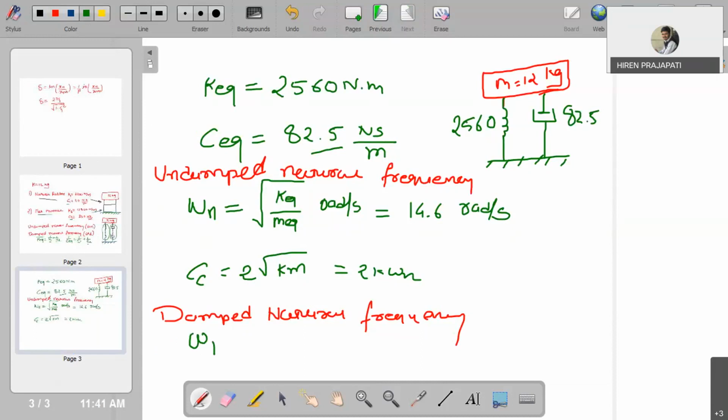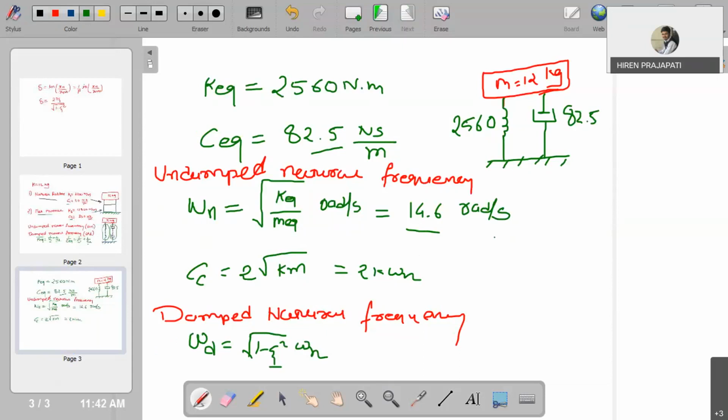The equation of omega d. It is square root of 1 minus zeta square, into omega n. Right? So we have omega n, but we need to find zeta.